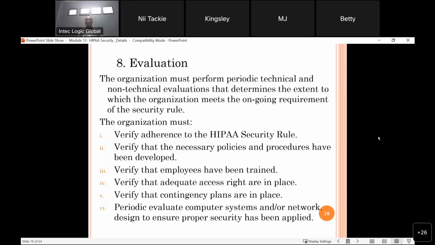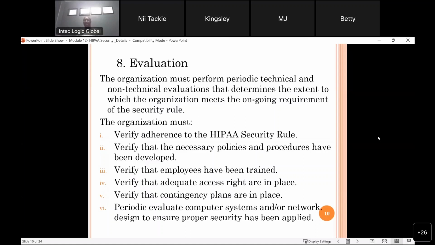So the same thing, HIPAA says, at a point in time, you put on a brake. Am I really following the HIPAA security rule? Do I have the policies and procedures in place? Have they been well developed? Have I trained my employees? Are people having the right access? Is my contingency plan in place? Is it working very well?